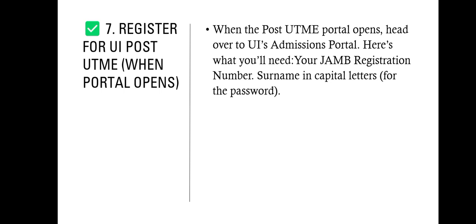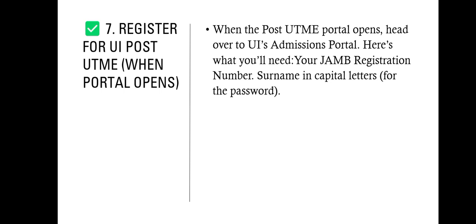The school management will announce the post-UTME whenever it's time, and the instruction is that you log into the admission portal with your JAMB registration number and your surname in capital letters as the password. If you have not chosen UI as your first choice, you won't be able to log into that portal. If you do not have up to 200 in JAMB, you won't be able to log into that portal. And if you do not change your institution to UI on time, you may have delay in logging into that portal.